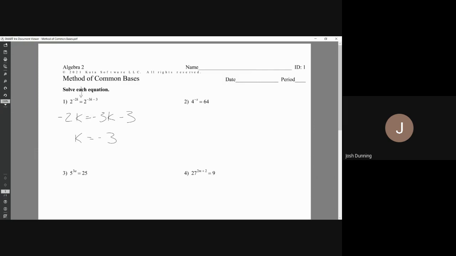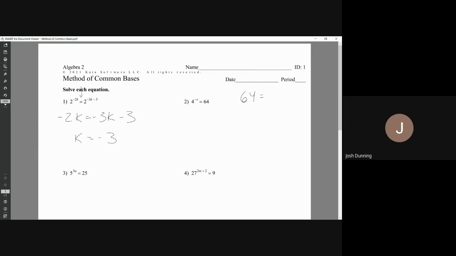Now on 2, as we see, the bases are not the same. So what you got to do, if you can, drop one base down to a power of the other. 64. You don't have to write this down every time.